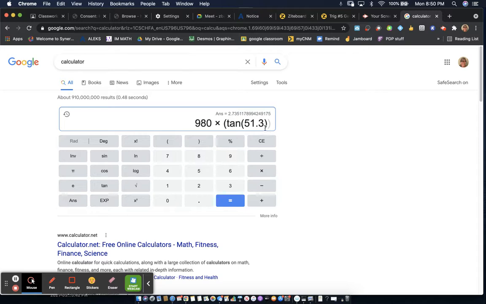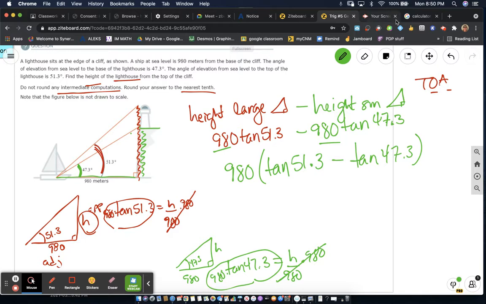Oh, I don't like this. Putting it into this calculator is making it harder because it was only going to multiply 980 by the first one. So I'm just going to put it in the way it came because this is not a calculator that I can manage as easily. Sorry, peeps, 51.3.